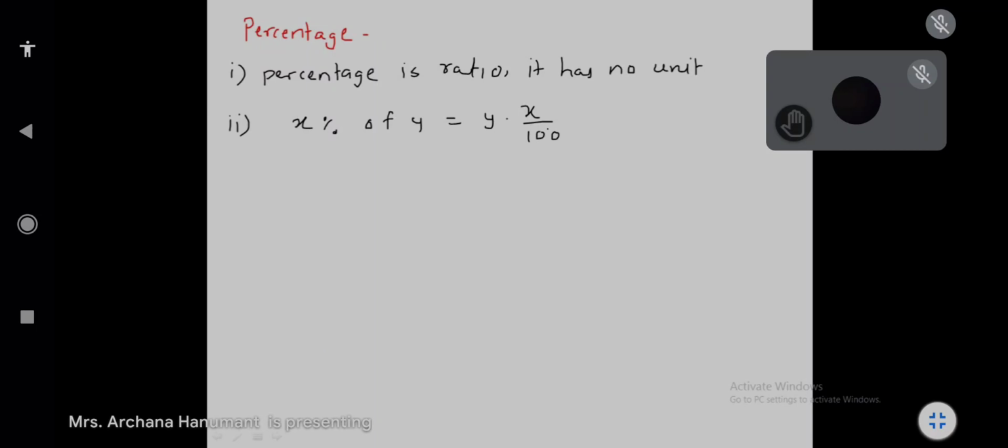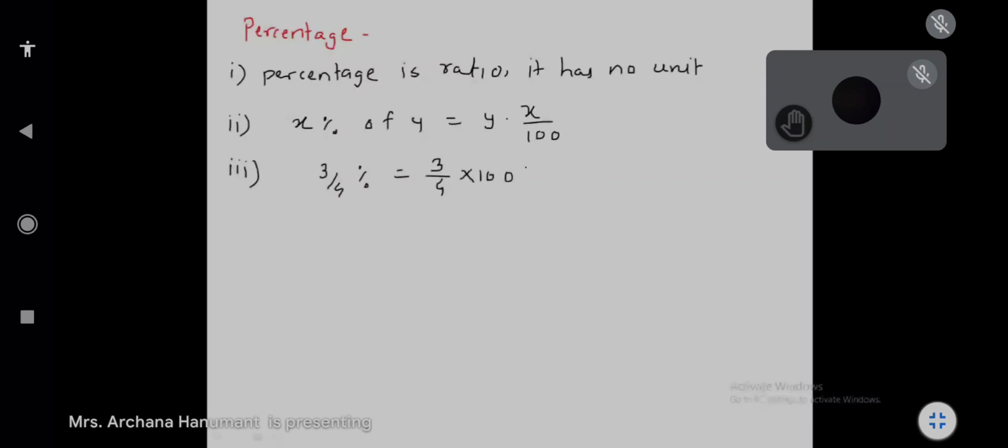Also, if we want to find a fraction's percentage, just multiply by 100. So I want 3 by 4 as a percentage. How will it be got? It is equal to 3 by 4 into 100.